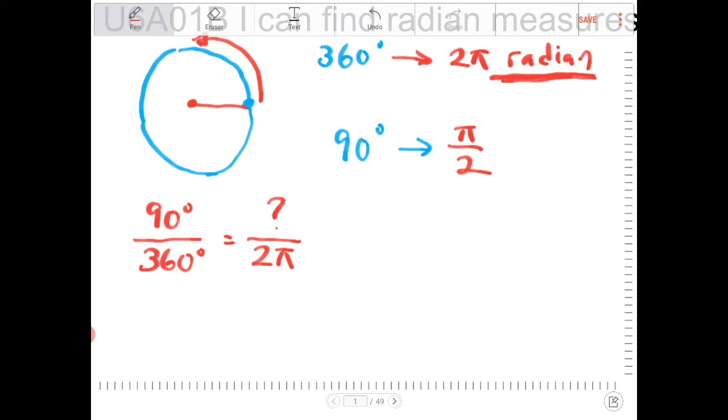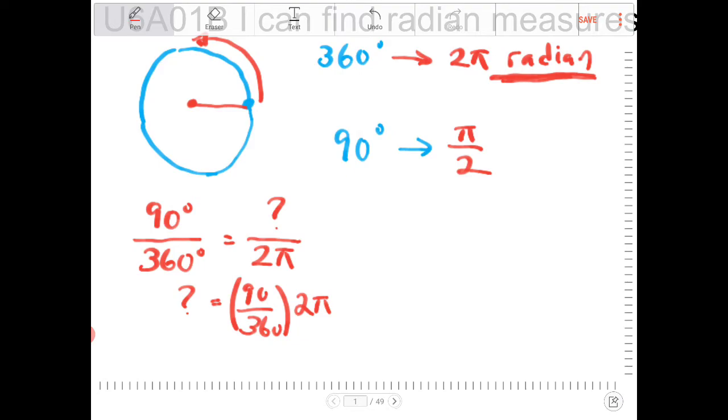So in other words, this is going to be 90 over 360 times 2 pi. And if we simplify everything down, it turns into pi over 2.